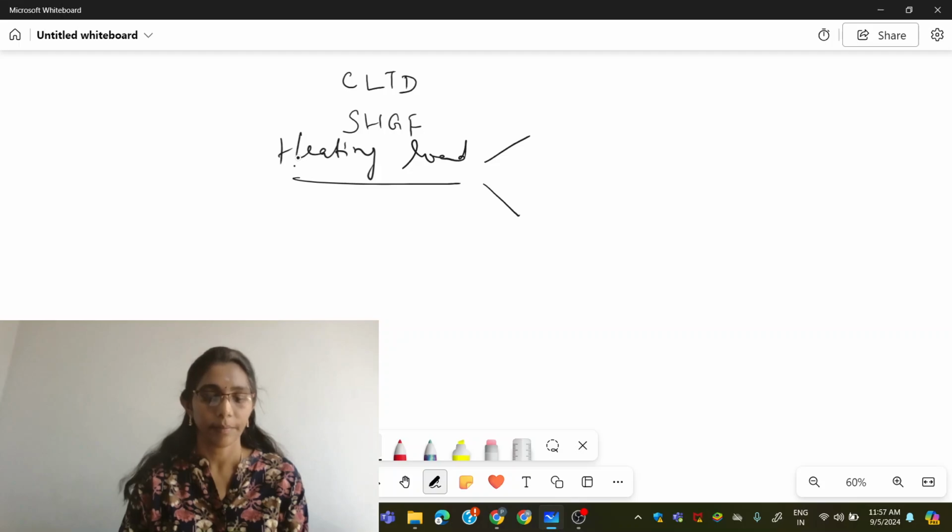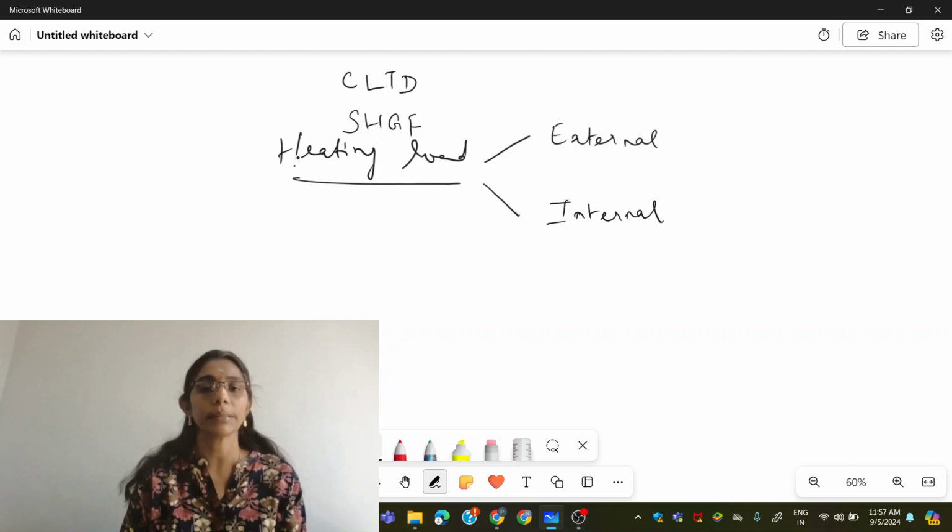One is external. So this is the solar energy, and the other one is internal. So this is due to the participants and appliances. So the first thing that we are going to do is we have to estimate the external load, right? To estimate the external load, you have three subcategories.